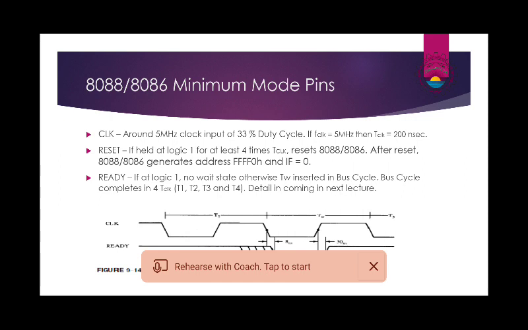If you are applying a 5 MHz clock input, then the time period for one clock state will be 200 nanoseconds.